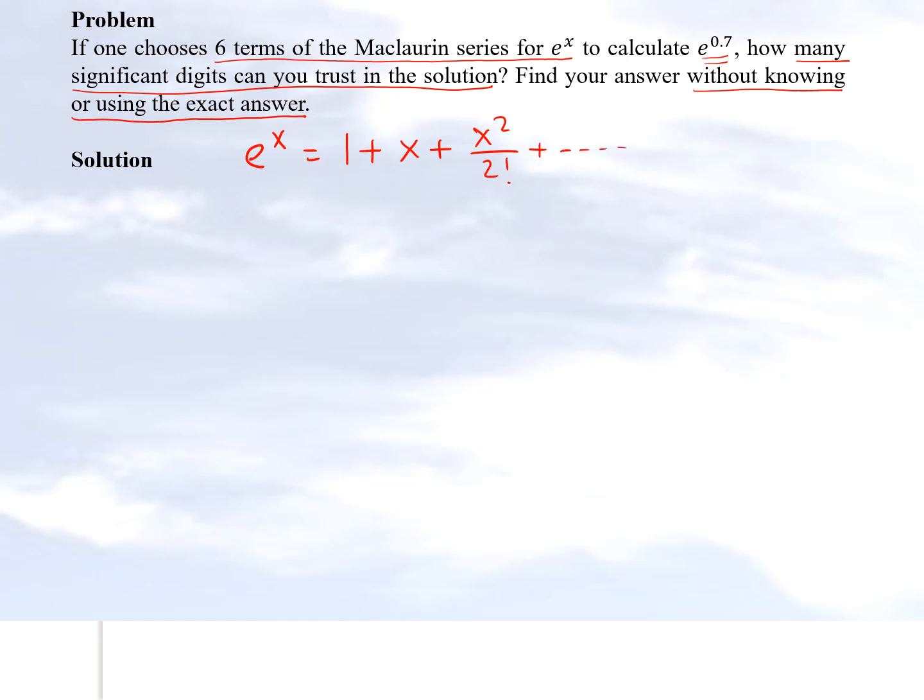And if we want to use the first 6 terms of the series, we can approximately calculate e to the power 0.7 as follows.